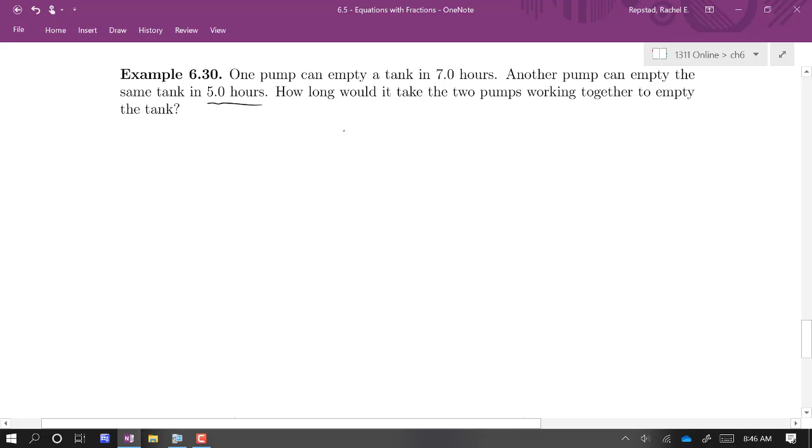Should definitely be less than that faster pump working by itself if it's helped out by another pump. So I like to start out these problems getting a sense in my mind of what a reasonable range of values might be for this result.